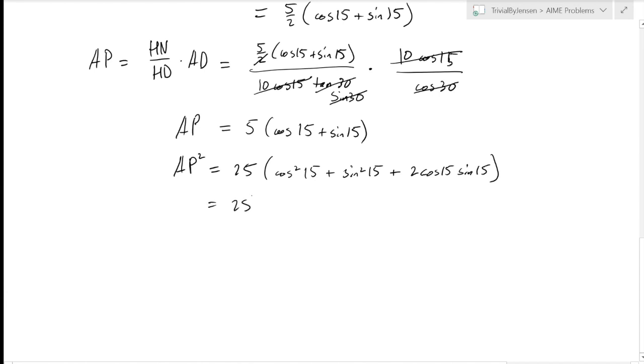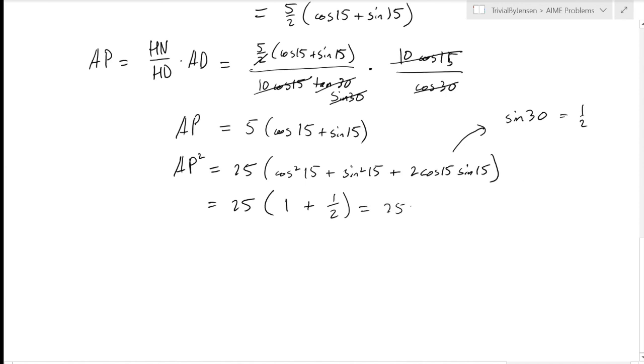From our trig identities, we know sine squared plus cosine squared is just 1. And this looks a lot like sine 2 theta, and in fact it is. 2 cosine theta sine theta is just sine 2 theta. So that's just sine 30, which is 1/2.